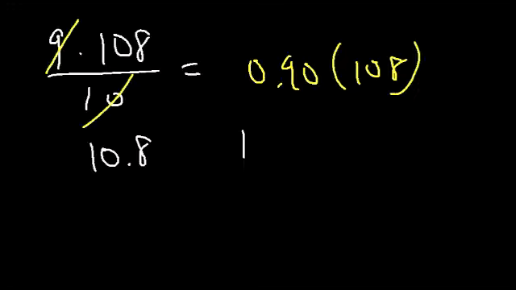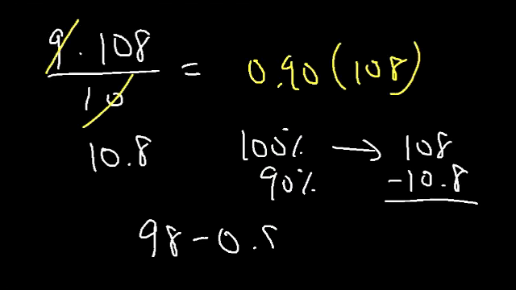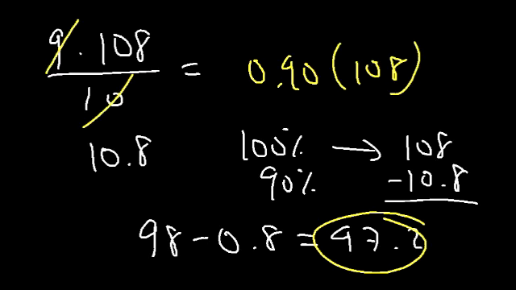So if 100% is 108, then 90% is 108 minus 10.8. So let's take away 10.8 from 108. 108 minus 10 is 98, and 98 minus the 0.8 would give us 97.2. That's one way in which you can get the answer without using the calculator. But there's other ways too. But sometimes you have to estimate the answer.